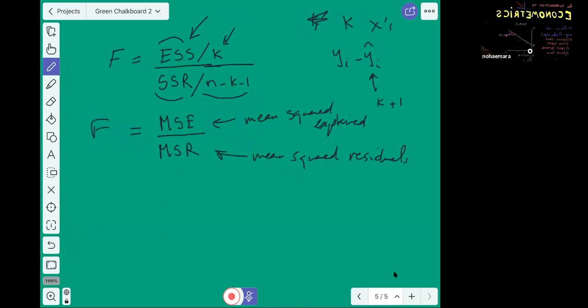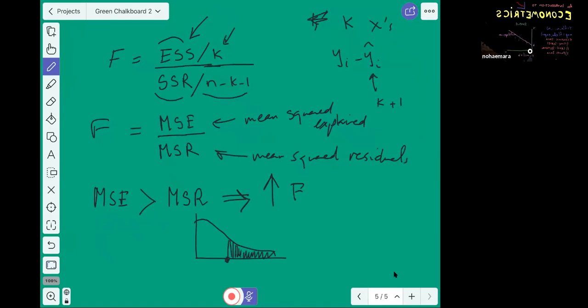And of course, if the amount of explanation is bigger than the mean of the residual term, then this is actually good, right? This means that the F is going to increase. And if the F increases, I want you to imagine that the F distribution has a certain rejection region.